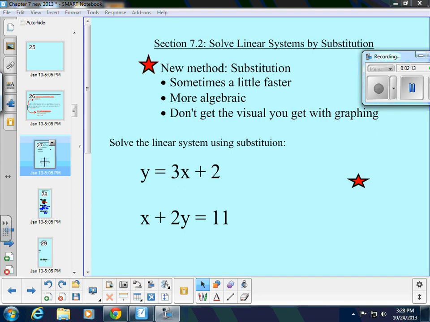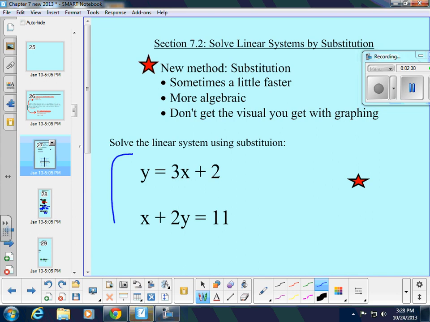So here's an example of what happens when we use substitution to solve a system. Substitution actually isn't something new to us. Students have dealt with problems where they substitute values in for a variable. For my example problem, I have two equations: y equals 3x plus 2, and x plus 2y equals 11.